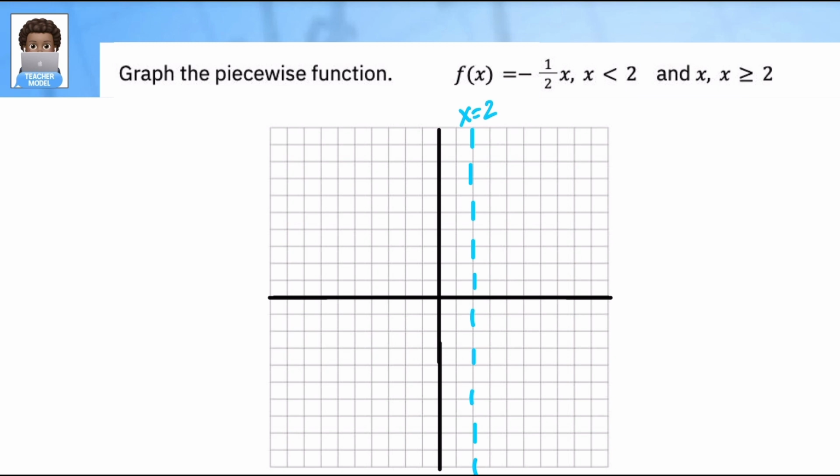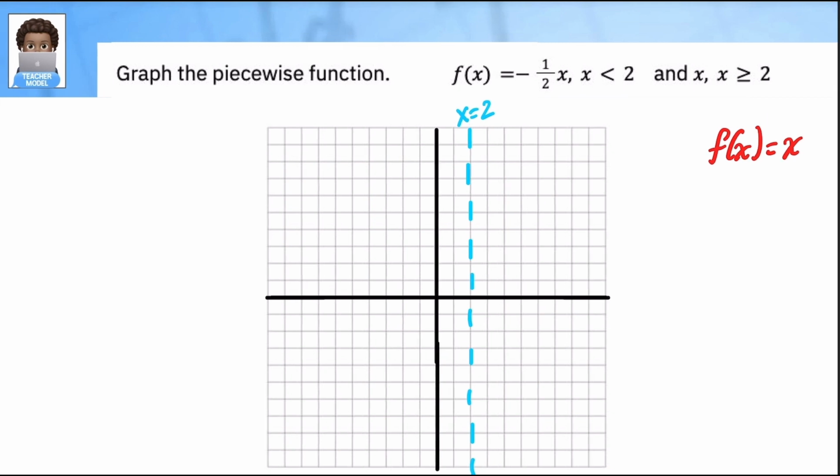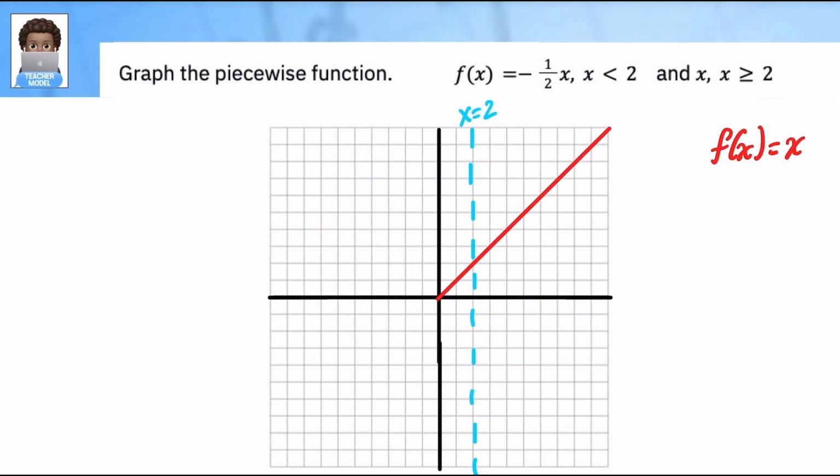I'm going to try just graphing f of x. If I just did f of x equal to x, then I would know that the slope is just 1. It would look like this. It would just be a straight line.